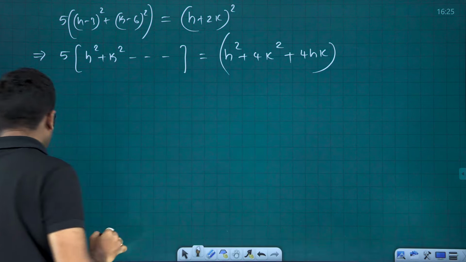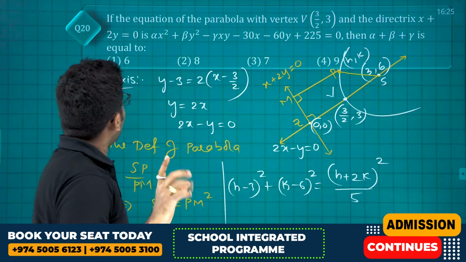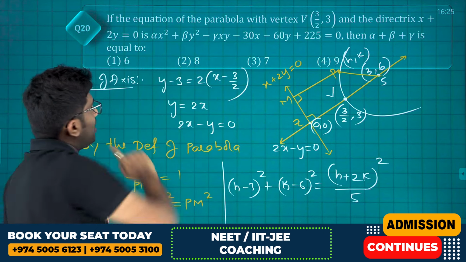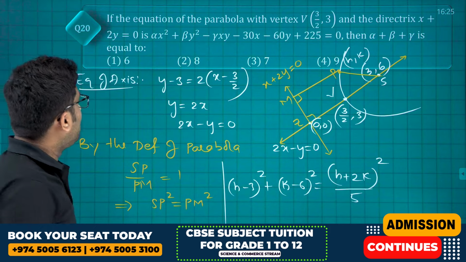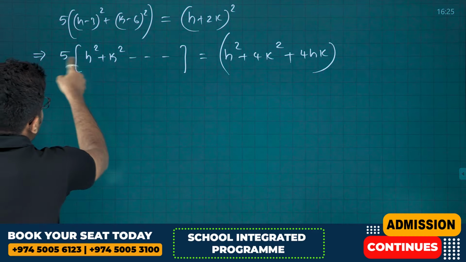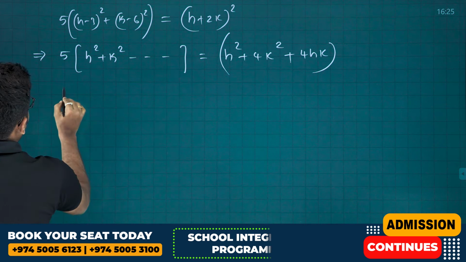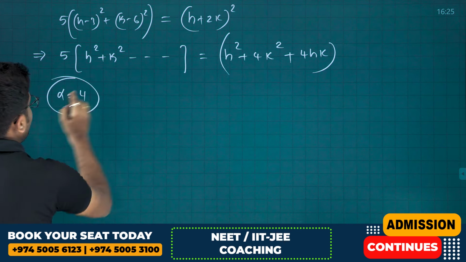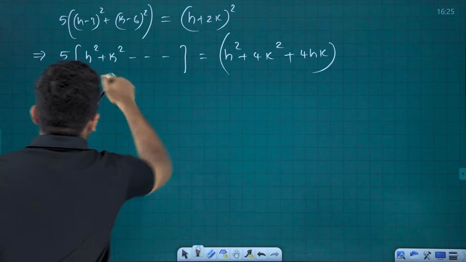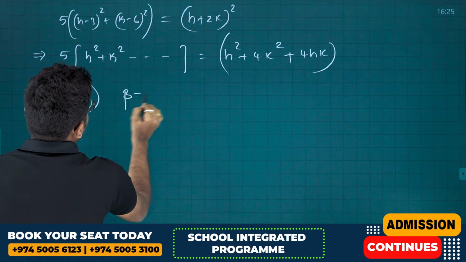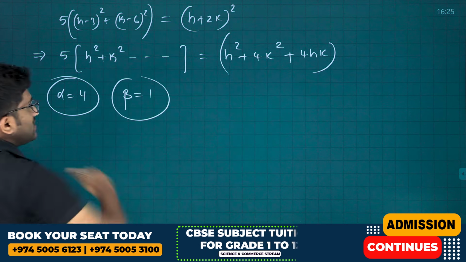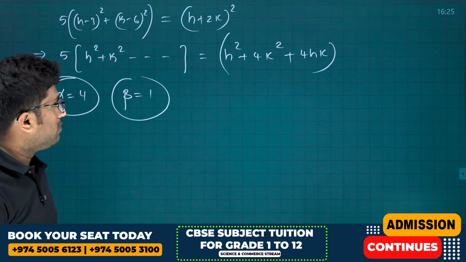We need only h square, k square and xy coefficient. Why? Because all the remaining are known. Only coefficient of x square is alpha, coefficient of y square is beta, coefficient of xy. Now what is the coefficient of x square? This is 5h square minus h square. So alpha is equal to 4. Coefficient of x square is equal to 4. Next, 5k square minus 4k square. Coefficient of y square is equal to 1. And if you get 4hk to this side, it becomes minus 4xy.